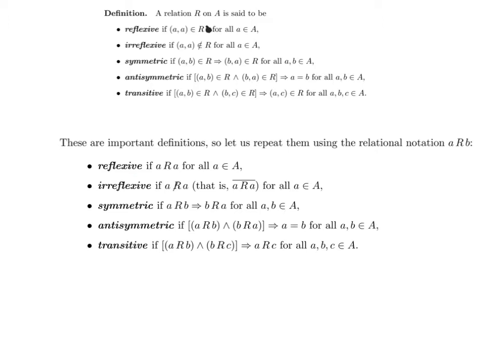So reflexive is A R A for all a in A. Irreflexive is if A is not related to A for all a in A. A R B implies B R A is symmetric. Antisymmetric is A R B and B R A implies that A and B have to be equal to each other. And then finally, transitive: A related to B and B related to C implies that A is related to C.